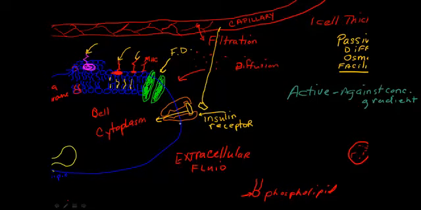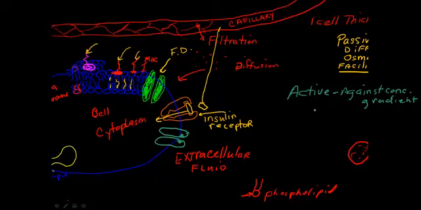So we always need some type of integral protein, right, which is usually closed, but it has a specific receptor and it has a shape and a charge so that only the molecule it wants to get through can get through. So this is against a concentration gradient.